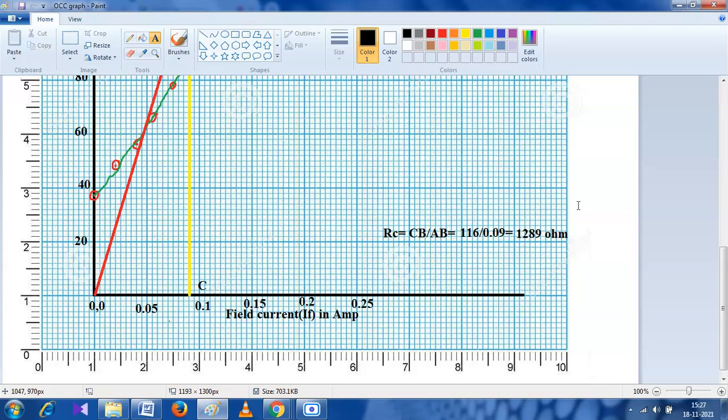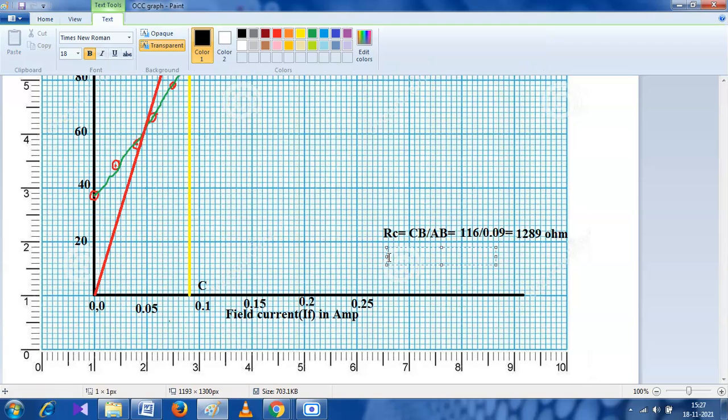Then what is the value of field resistance? 785.71, that means 786. Yes, almost. This is ohm. Unit is ohm.